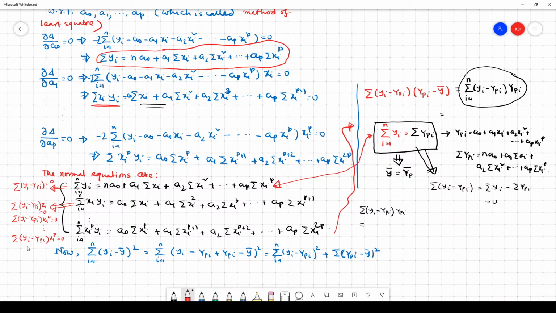So if you add, now look at this. This sum is nothing but yi minus capital Ypi times capital Ypi, and capital Ypi is a naught plus a1 xi plus a2 xi square plus ... plus ap xi to the power p.